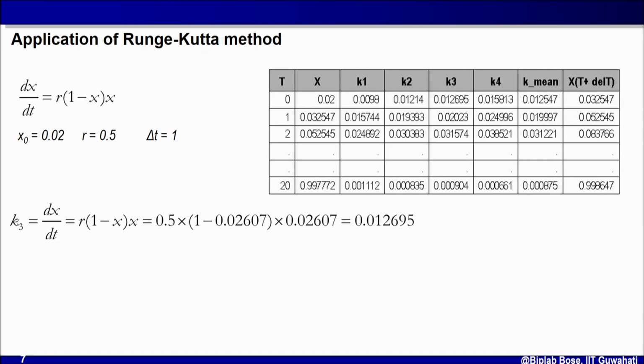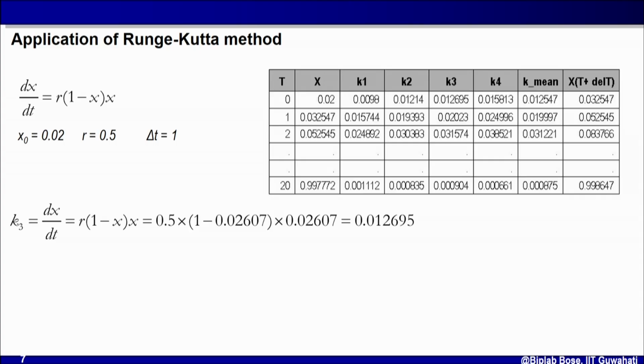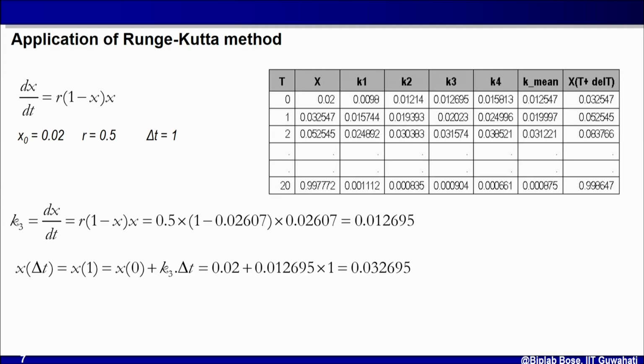So I have got the value of k1, k2, k3. Now I have to estimate the value of k4 using the value of k3. So using the value of k3, I draw a line at t equal to 0 and extrapolate it up to delta t. So the value of x would be x at delta t, that is x at 1, equal to x at 0 plus k3 into delta t.